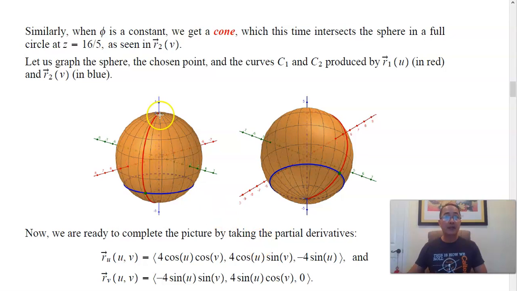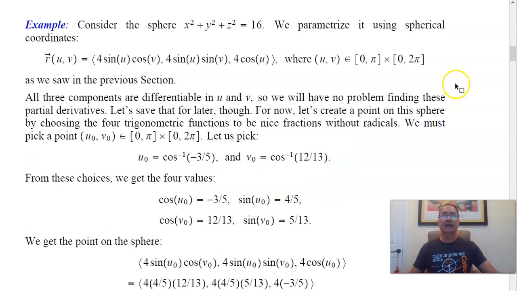We have two views of the sphere. Here is the longitudinal line corresponding to a constant theta, and here is a latitudinal circle corresponding to constant phi. Of course they intersect at the given point. So we get those two curves.